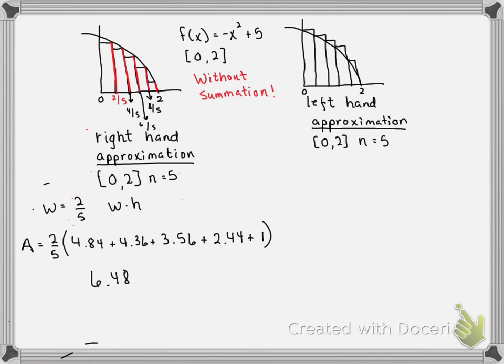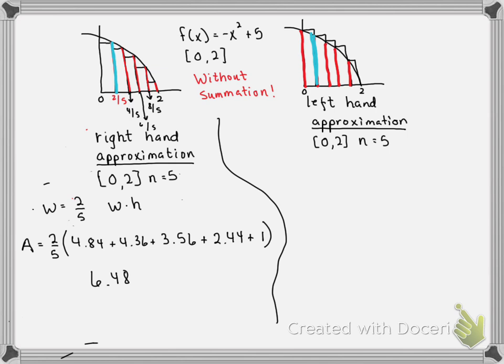Now we're going to work exactly the same idea for the over approximation. This time we're looking for the left height. What we are going to notice here is that the right hand approximation over there is the same as the left hand approximation right there.